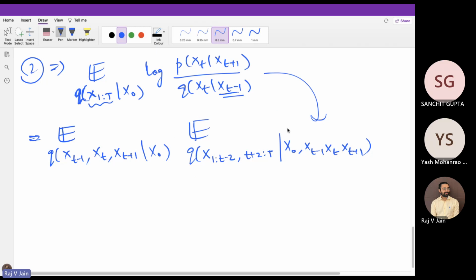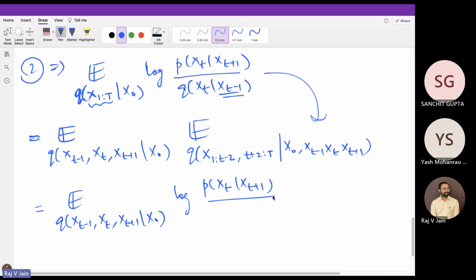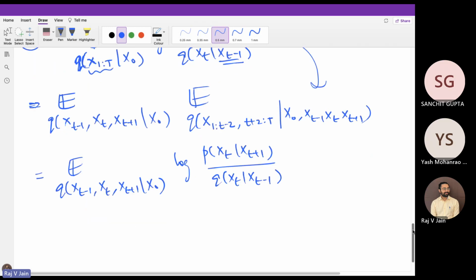The expectation of that of 1 will become again 1. So finally this will turn out to be just this expectation, right? So q of xt minus 1, xt plus 1 given x naught, log p of xt given xt plus 1 over q of xt given xt minus 1, right?